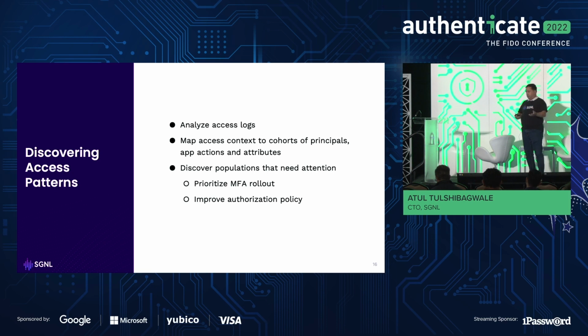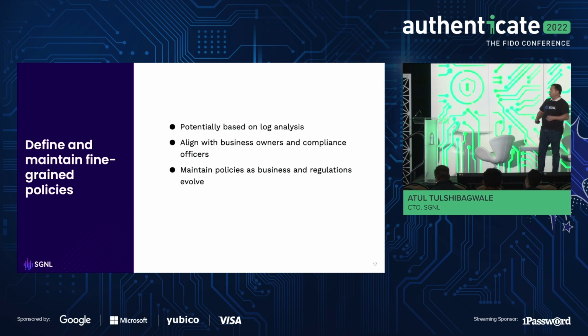And maybe that's the opportunity for you to even prioritize your MFA rollout, that by analyzing these access patterns, you can identify, okay, these are the applications that I really need to protect. These are the user cohorts that need the MFA in order for these applications to be hardened. And then you can simultaneously improve the authorization policy of those applications by using something like JITAM.